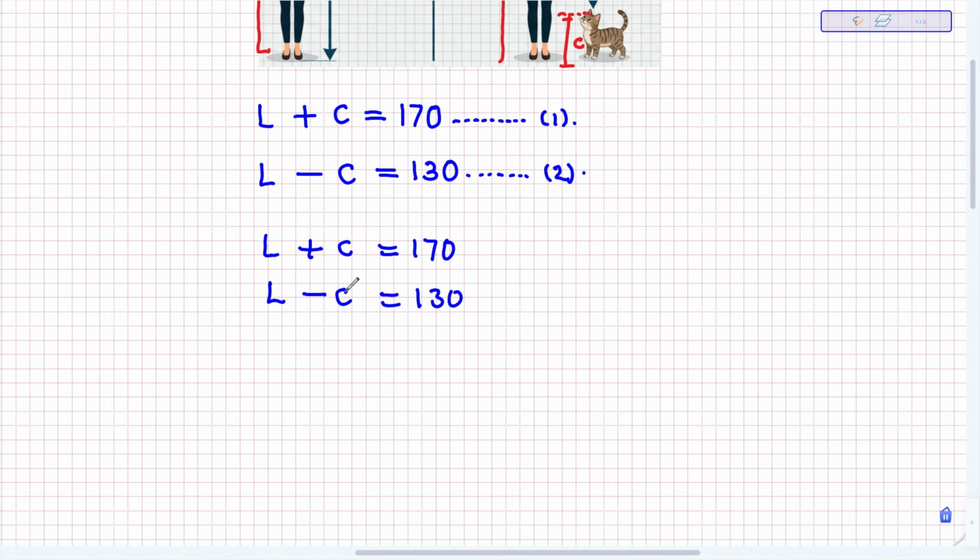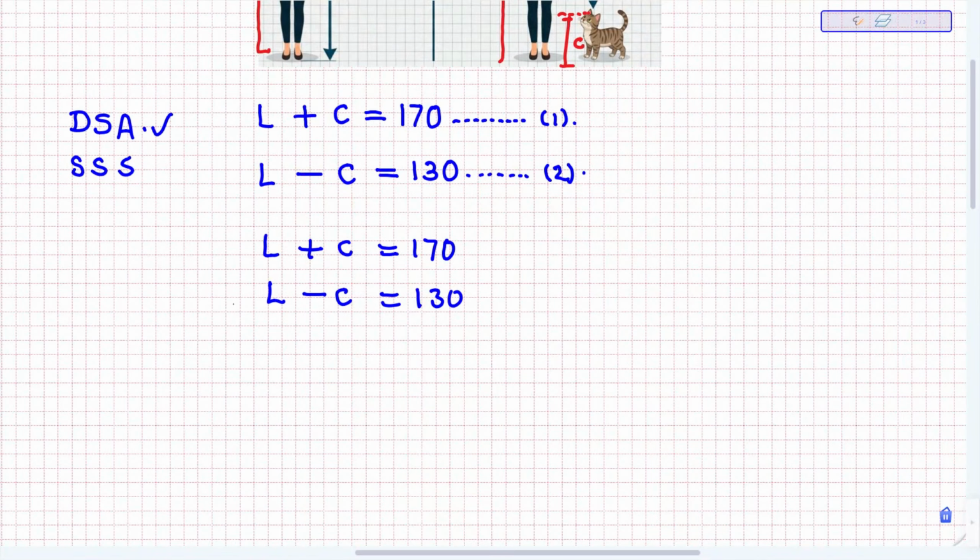And when you're eliminating C, looking at their signs being different, then we have to add. So when you eliminate something with different signs, we always add, and we have to remember saying DSA, different signs add, and when the signs are the same, we subtract.